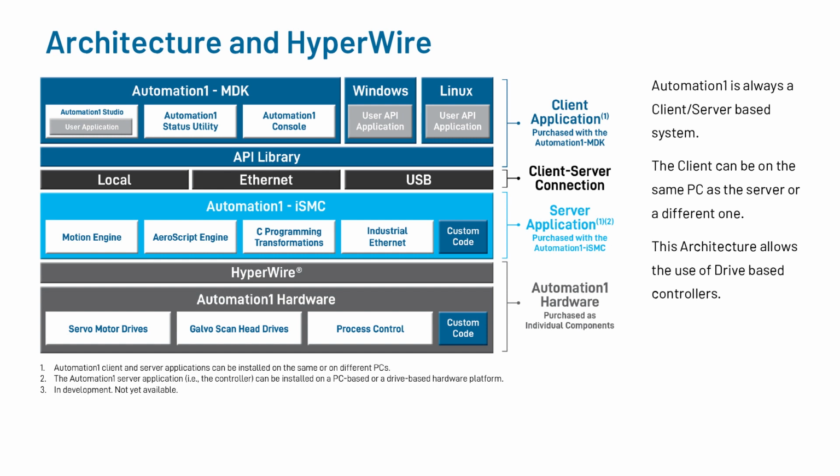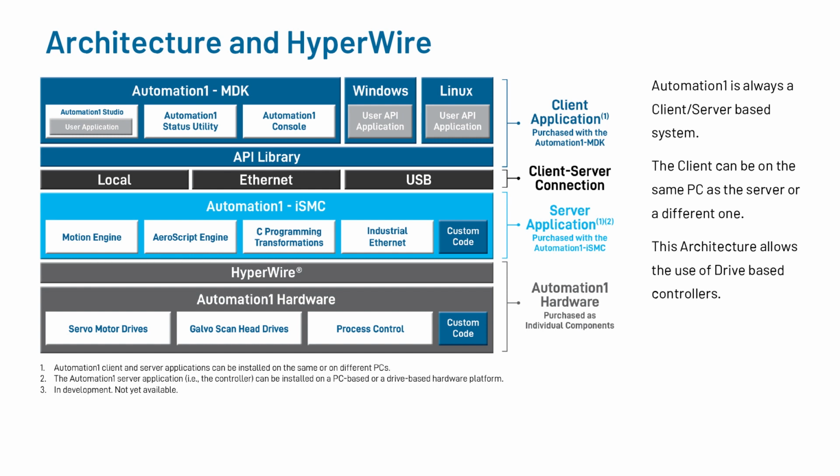But you can see the same basic architecture. At the top level, we have a client application of some description. We then speak through the API libraries. That goes into a communication service inside the ISMC, which is where the motion engine, the Aeroscript engine, everything else works. Then that connects to the hardware on Hyperwire. So that's the key difference there.